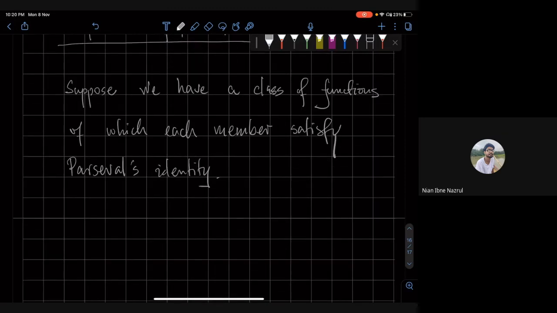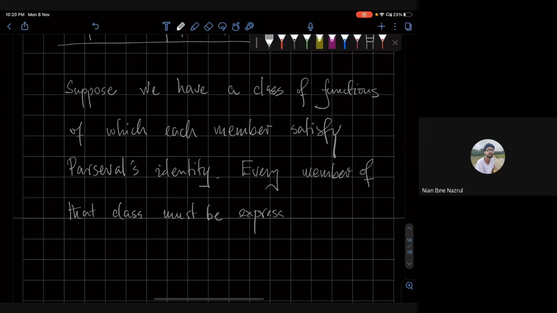So in that case, every member of that class must be expressible as a linear sum of e to the power 2 pi i n x over L.